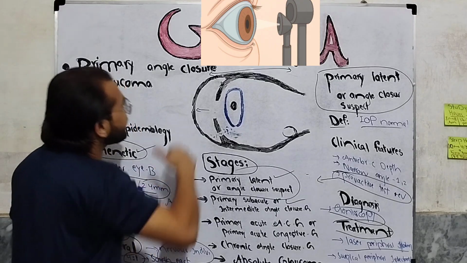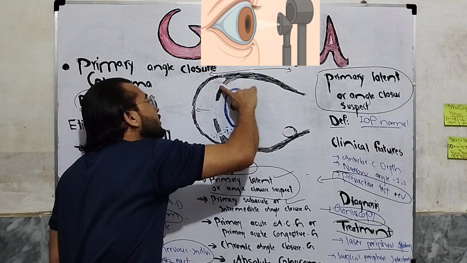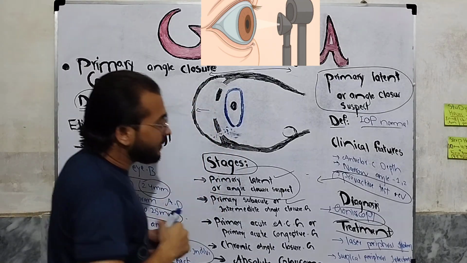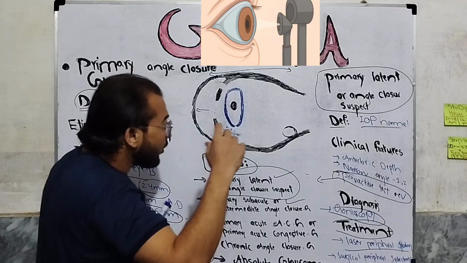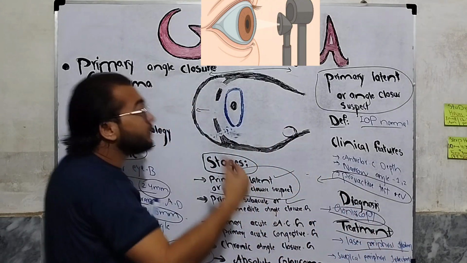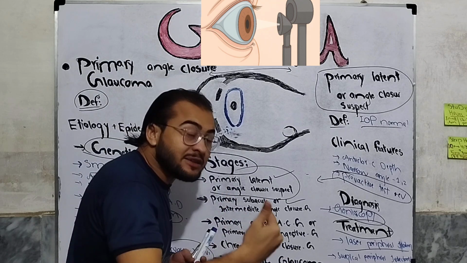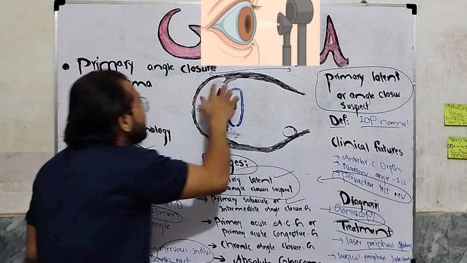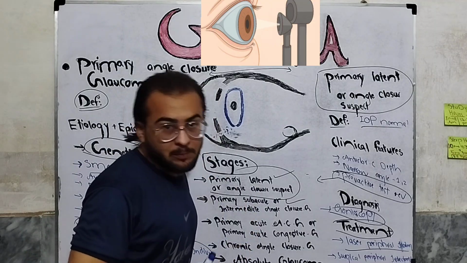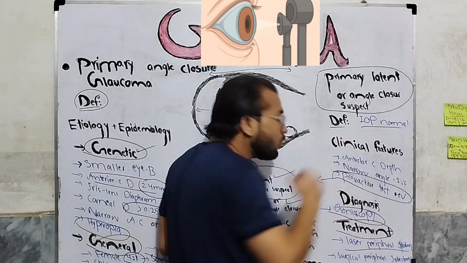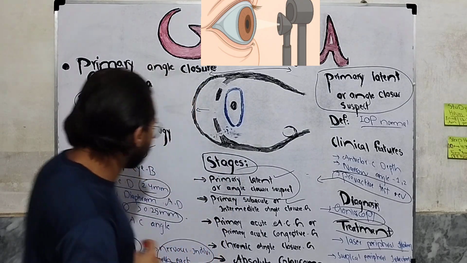With the help of surgery, we can remove some part of the peripheral iris. This is called surgical peripheral iridectomy. We do laser peripheral iridotomy or surgical peripheral iridectomy as prophylactic treatment in order to maintain normal intraocular pressure for the rest of the patient's life and to prevent complications.